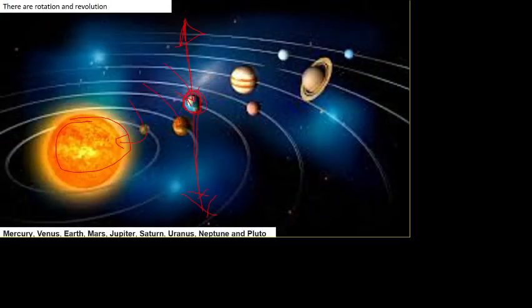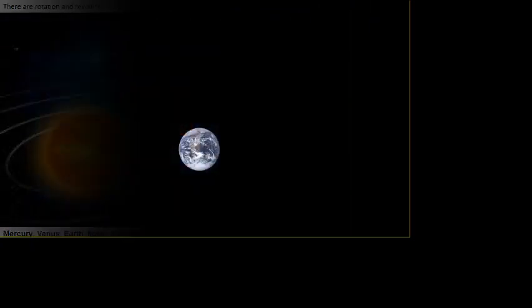There are two types of movement. Number one, revolution. The movement of the Earth around the sun that results in 1 year, and we also have rotation on the axis. Also, Earth also moves on its own axis that results in day and night.